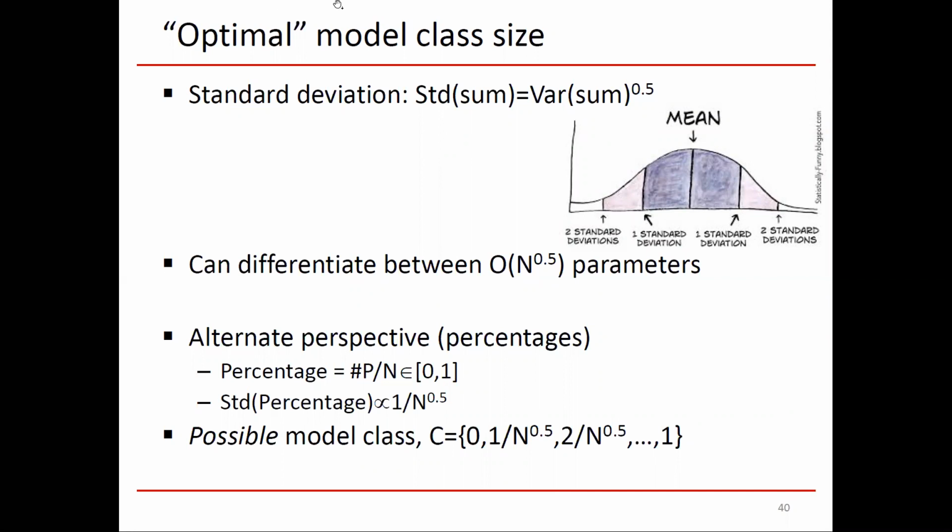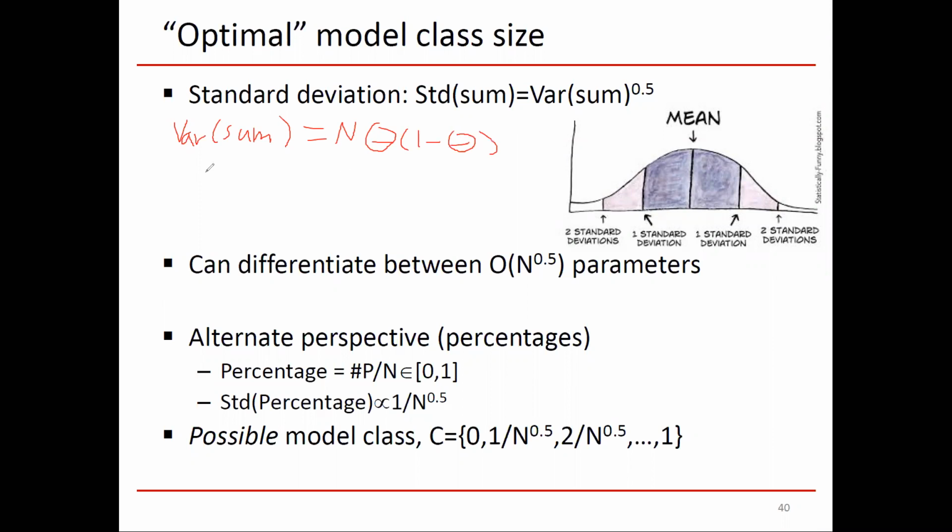And recall that the variance of the summation was n theta times 1 minus theta, meaning that the standard deviation is the square root of n theta times 1 minus theta.